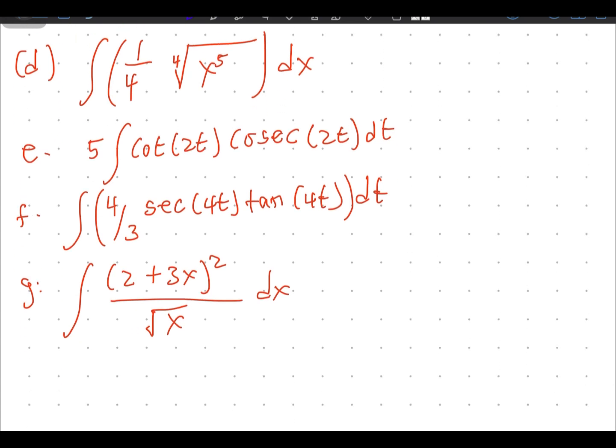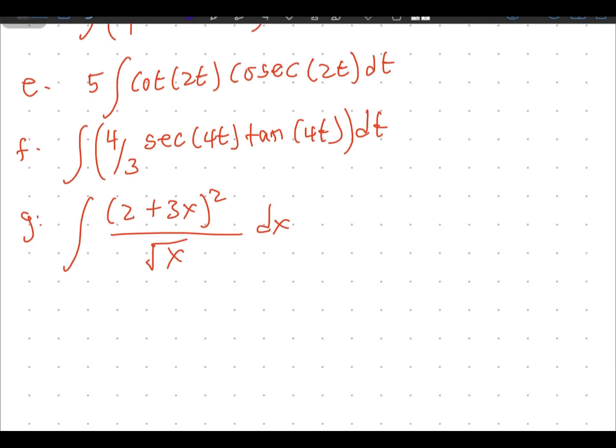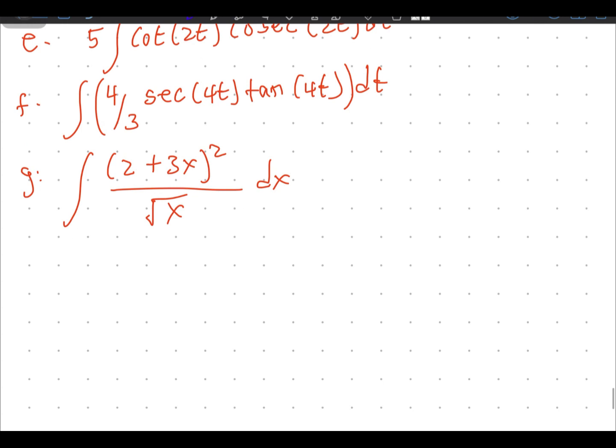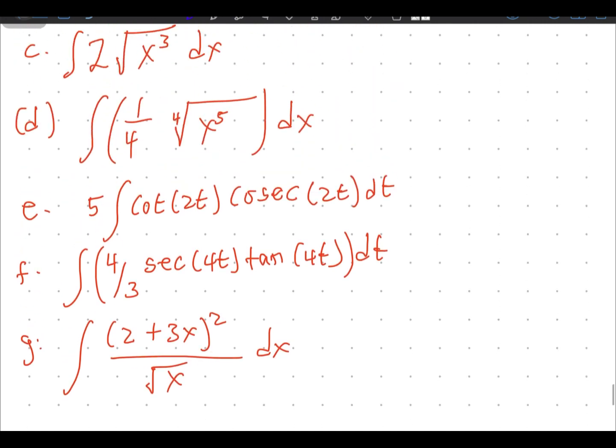And then the e is 5 integral of cot 2t cosec 2t dt. And then the f is 4 over 3 sec 4t tan 4t dt. And the last one, the g, is 2 plus 3x all squared over square root of x dx.